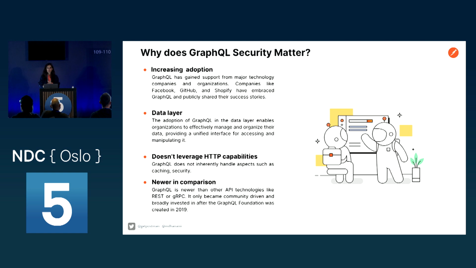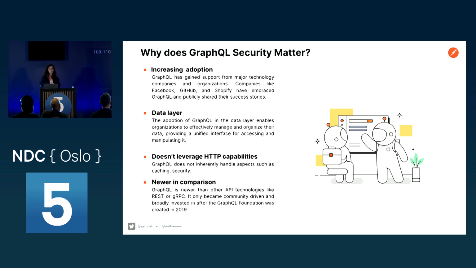Another one of the reasons is that it's newer than other API technologies like REST or gRPC, and it only became community-driven and broadly invested in after the GraphQL Foundation was created in 2019.